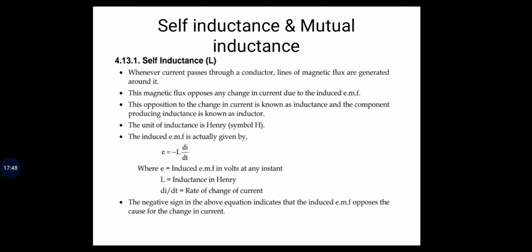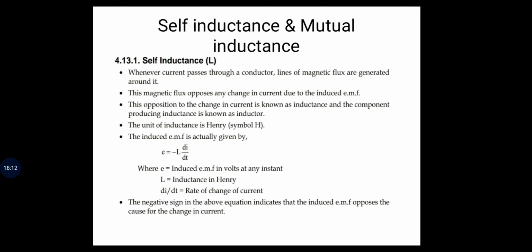In any conductor, when current flows through it, a magnetic flux is generated. This magnetic flux opposes the change in current due to induced EMF.